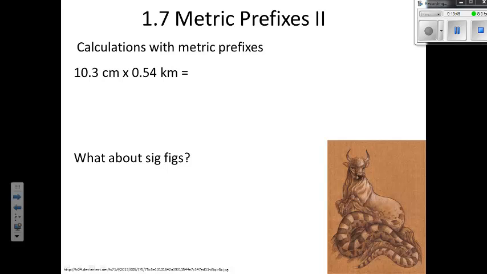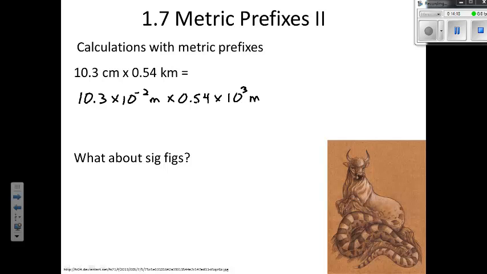So I can make those conversions pretty easily. 10.3 times 10 to the minus second meters times 0.54 times 10 to the third meters, right? Centi is 10 to the minus second, kilo 10 to the third. This stuff I have to know, these prefixes.